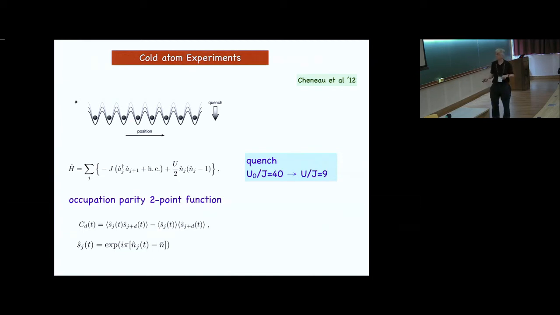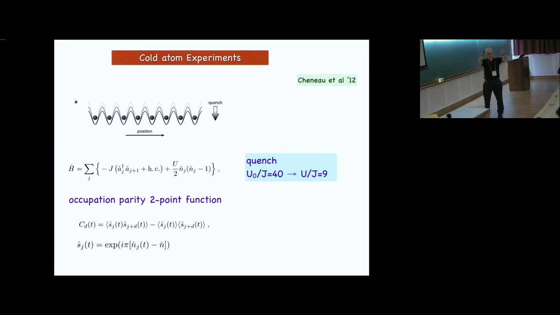So they prepare the system in such a state, let it settle, and eventually they do a quench on this parameter U from a very large value, so very strong repulsion, to a much smaller value.